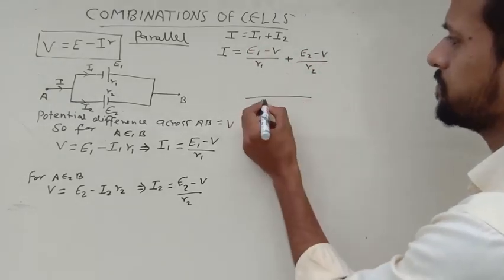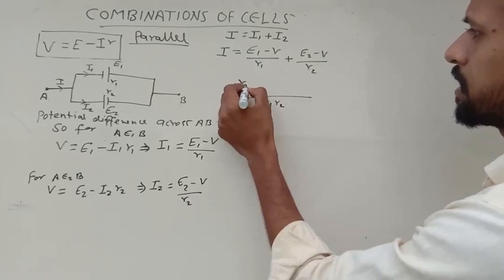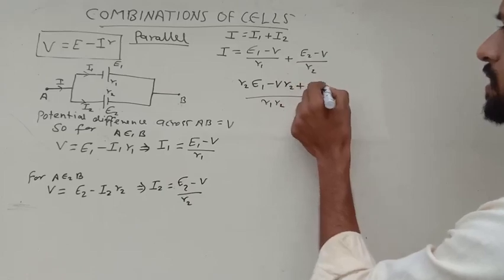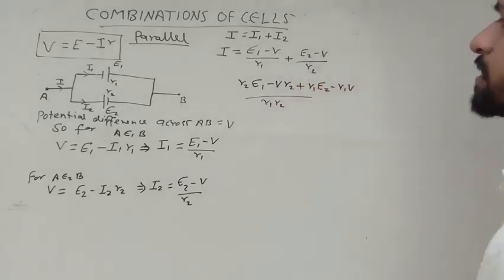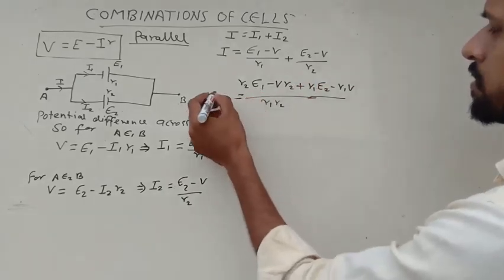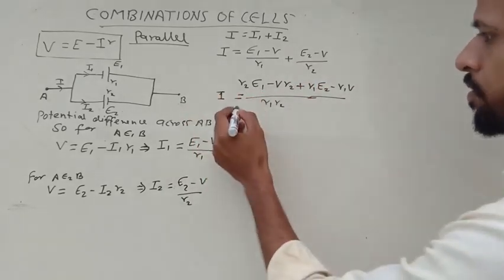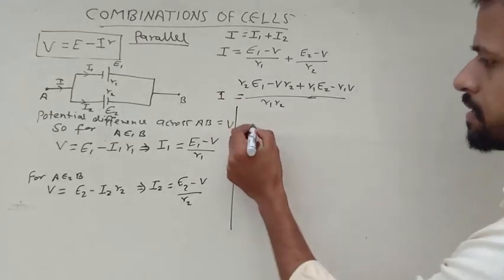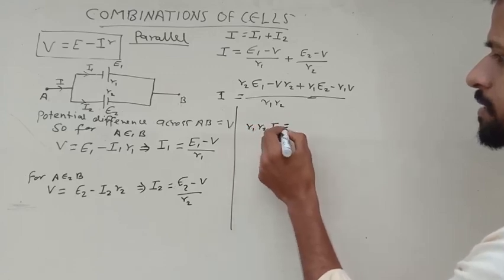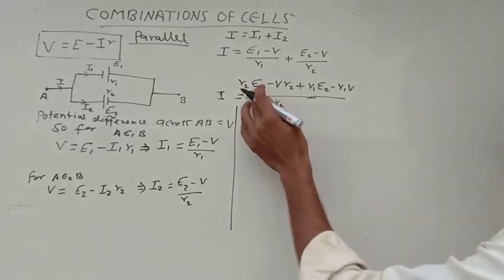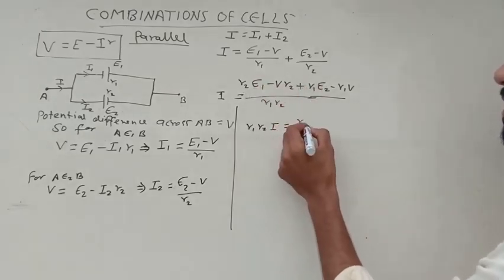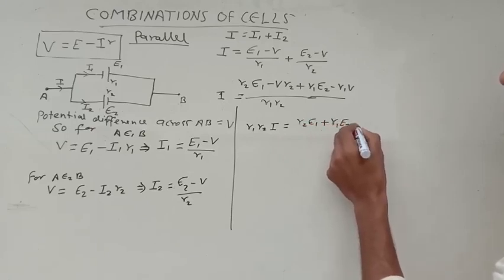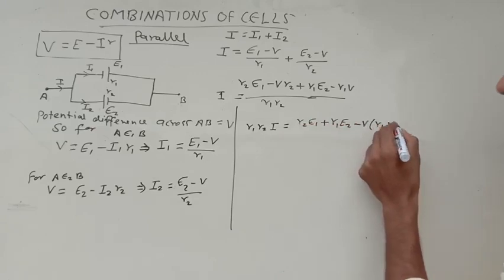If we take the LCM, this is R2 E1 minus V R2 plus R1 E2 minus R1 V over R1 R2, which is I. So we can write R1 R2 I is equal to R2 E1 plus R1 E2 minus V times R1 plus R2.